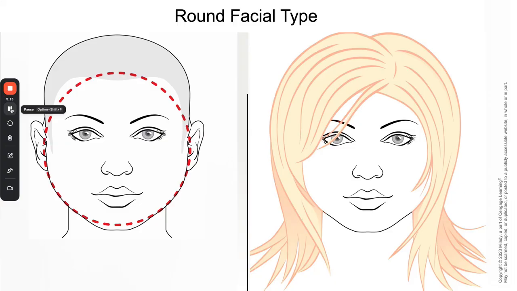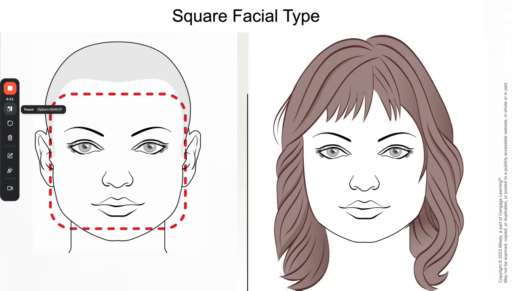So as you can see here on the picture on the right, there's no volume in her middle third. The hair is close. What they did was they did give her at the top some volume or some height to create that illusion of length. So that's what you need to do for your round client.